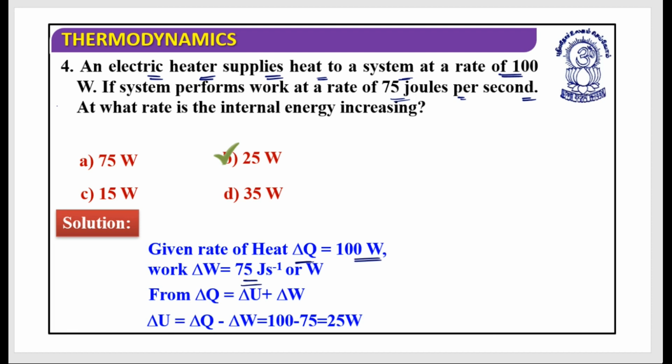At what rate does its internal energy increase? So we have the relation delta Q is equal to delta U plus delta W, and from this, delta U is equal to delta Q minus delta W, which is 100 minus 75. It is 25 watt.